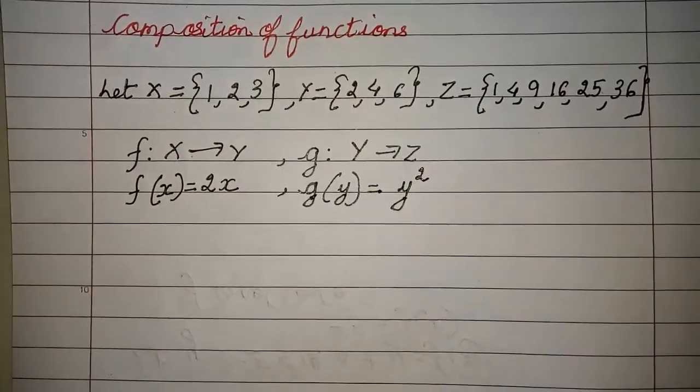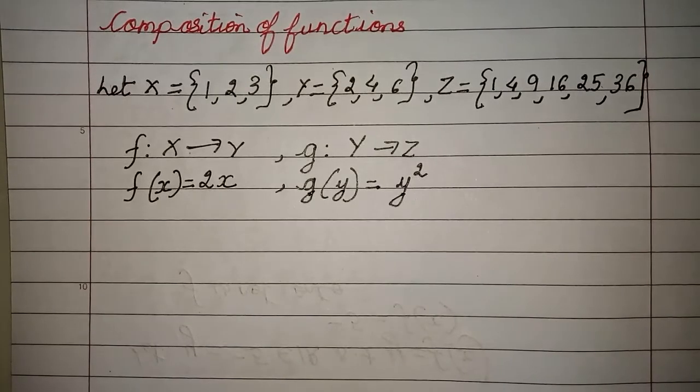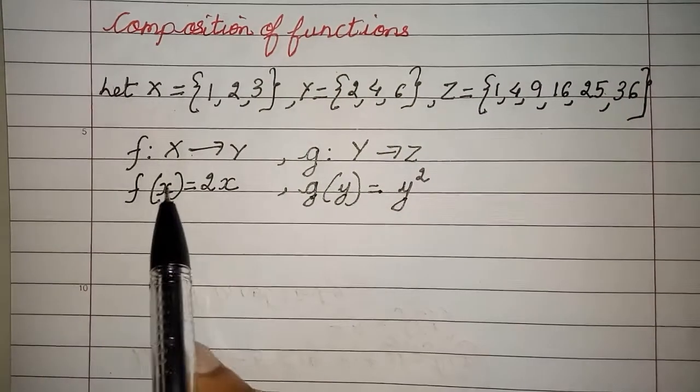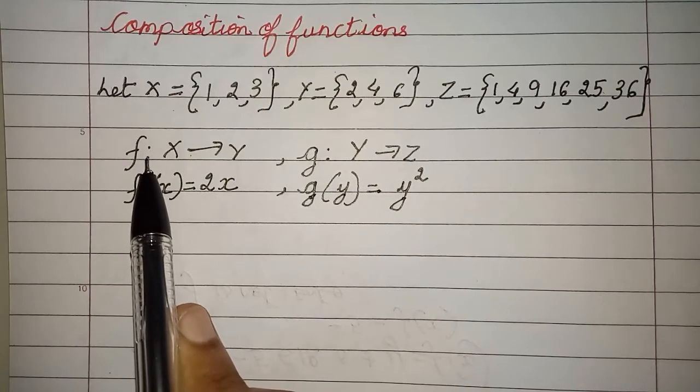Alright children, now I am going to learn composition of functions. Composition means two things are combined. Here, functions are combined. That's why I have taken specifically two functions, f and g.